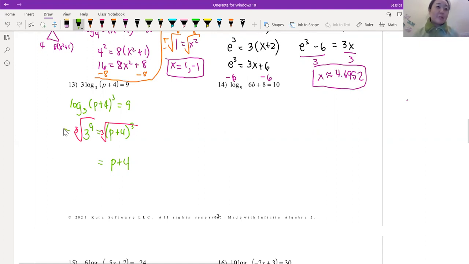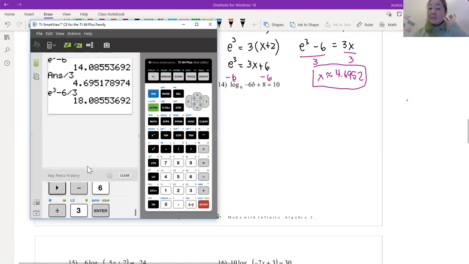Remember, the cube root is the same thing as the 1/3 power. We can do this by hand, with 3 to the 9th power. Power to a power means we multiply, right? So it's 9 times 1/3, which is actually 3 to the 3rd power, which is 27. But if you don't believe me, you're like, Miss Lee, I don't know about that. So here, let's take a look at this.